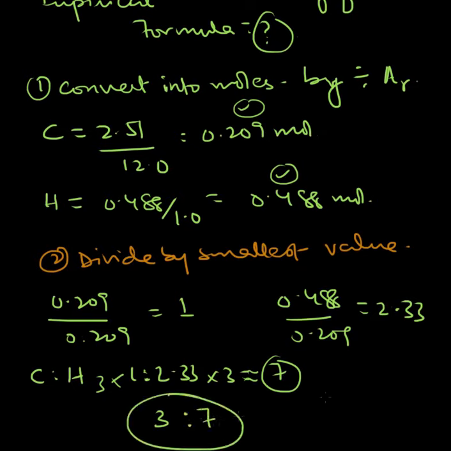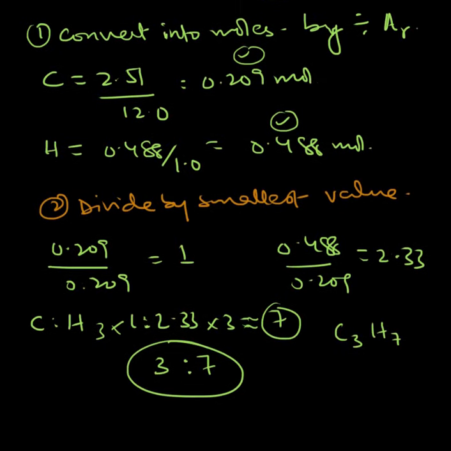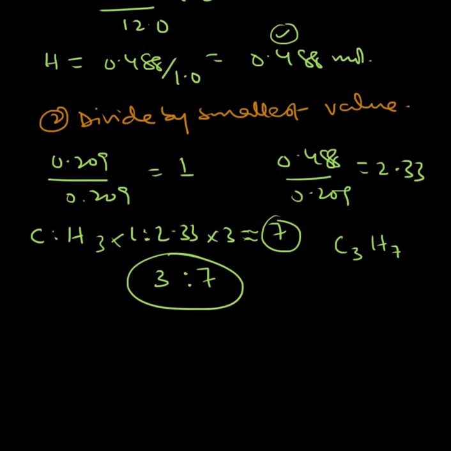So the carbon and the hydrogen are in the ratio of 3:7, and it becomes C3H7, which is the simplest form. If this is the empirical formula, we are done with it, okay?